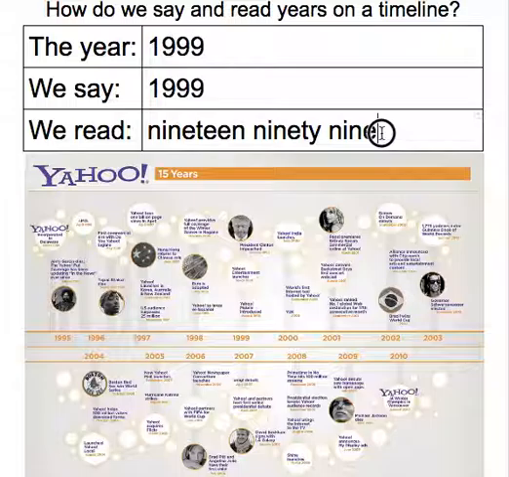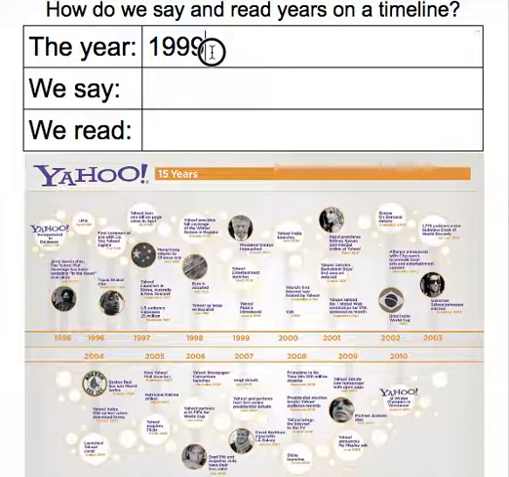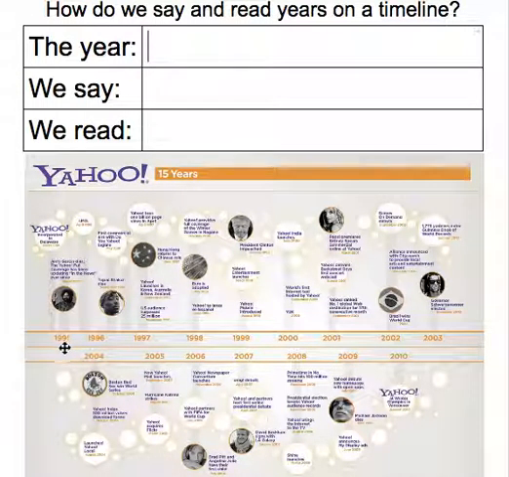Okay, let's try another one. On this timeline, you see a number of a year that comes before it. Let's look at this one. Okay, I'm going to write it here. Make a guess. How do we say it?